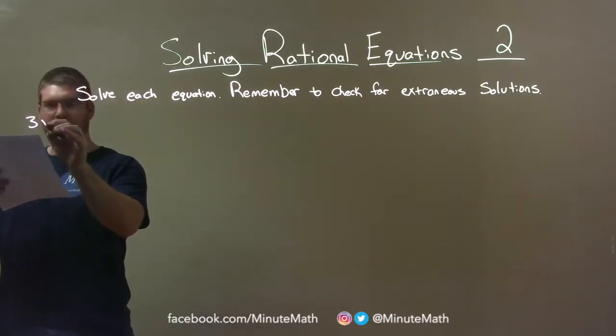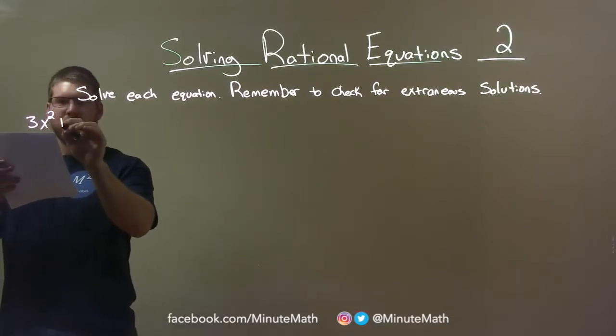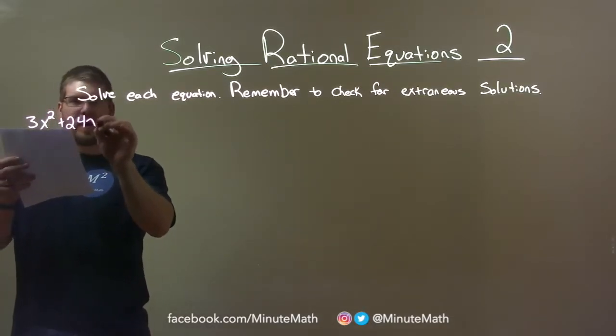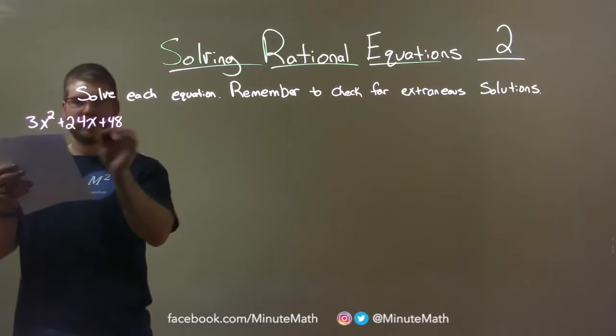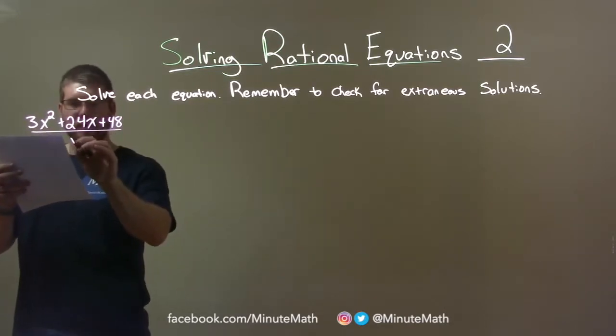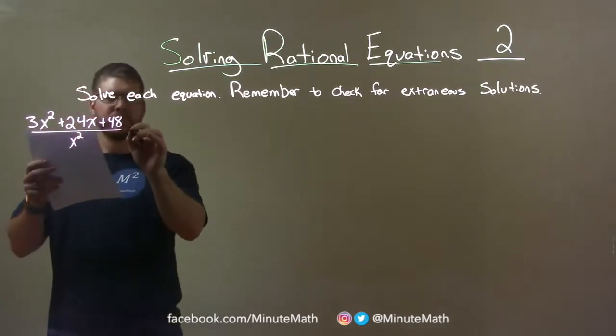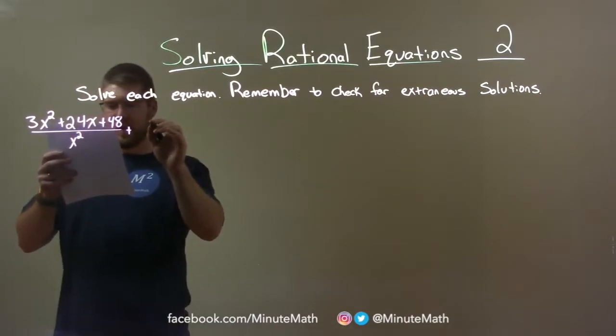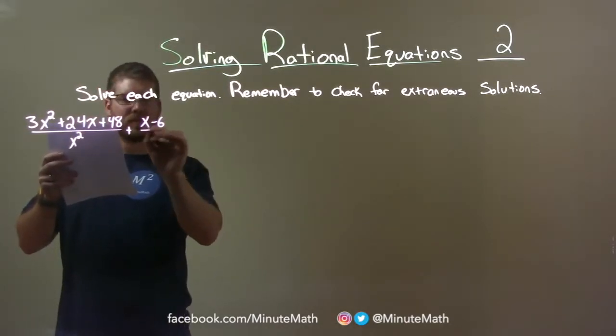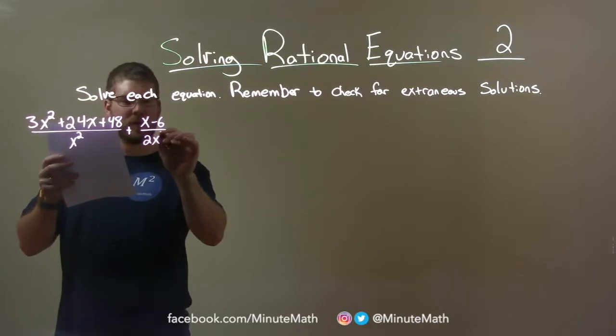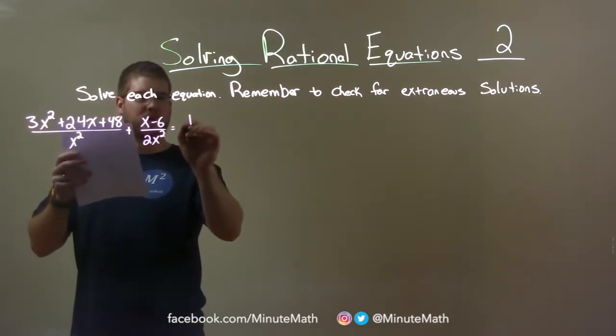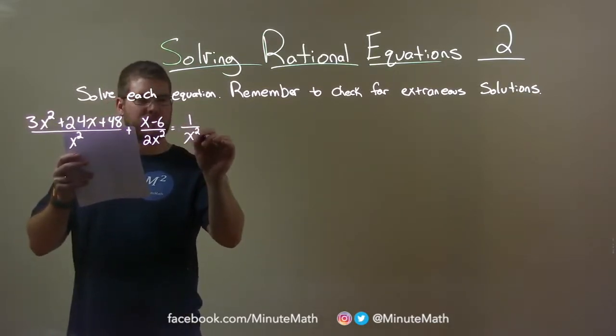3x squared plus 24x plus 48 over x squared plus x minus 6 over 2x squared, and that's equal to 1 over x squared.